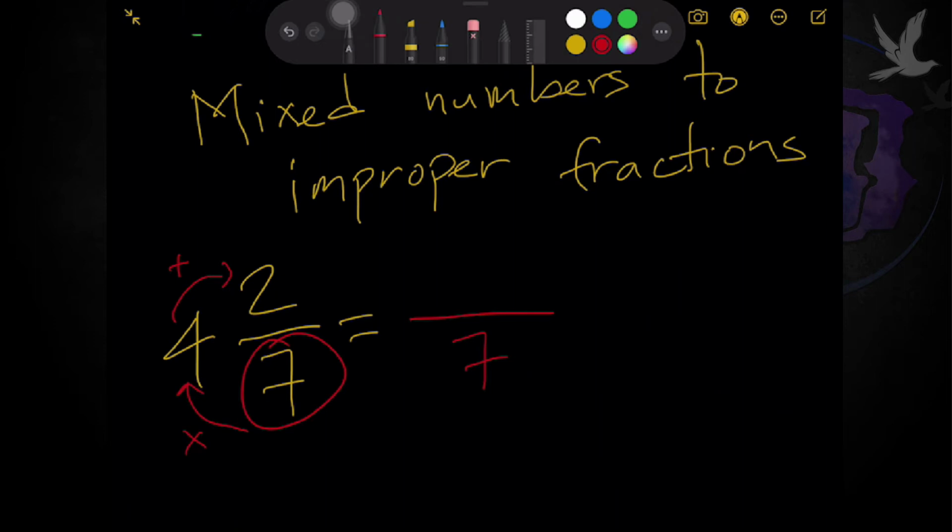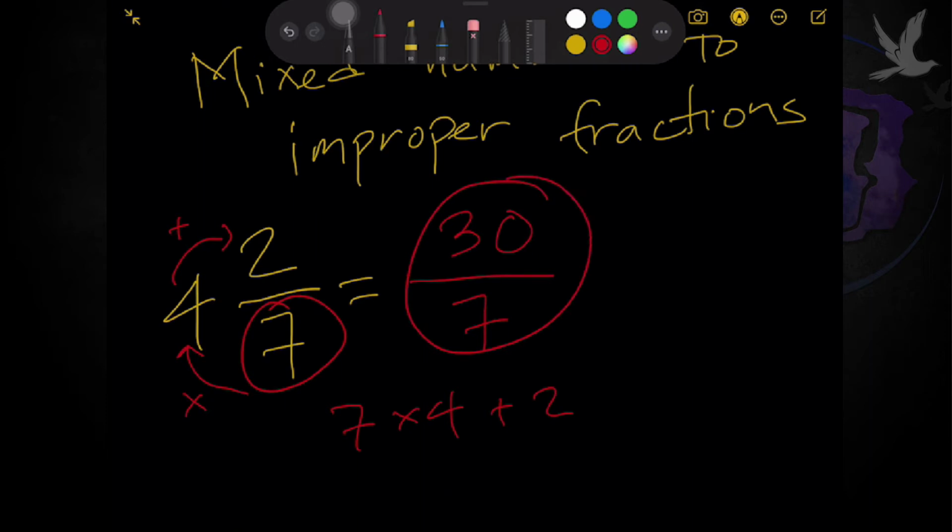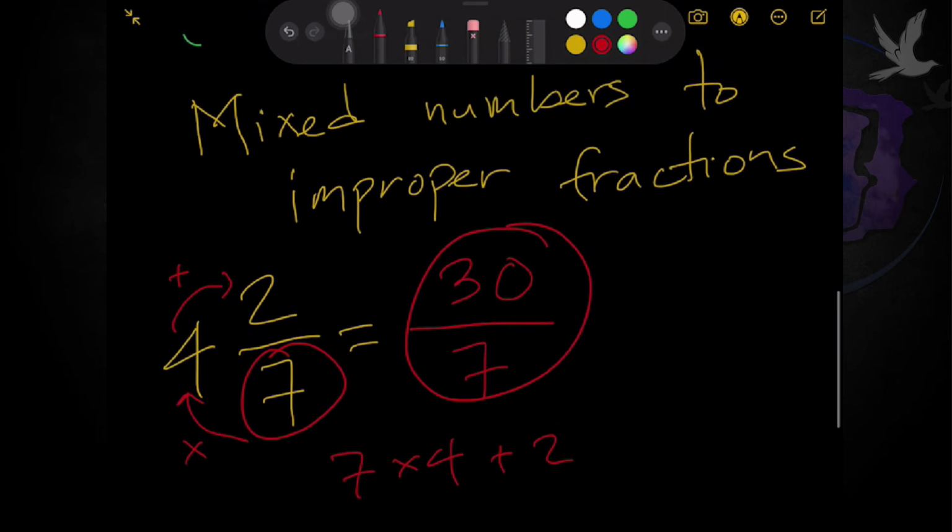So we just copy it, with our improper fraction having 7 as the denominator as well. Expressing the mathematical sentence of this one, that's 7 times 4 plus 2. 7 times 4 will basically give you 28, plus 2 will give you 30. So our answer here is 30 over 7. Okay, that's how you change or convert mixed numbers to improper fractions.